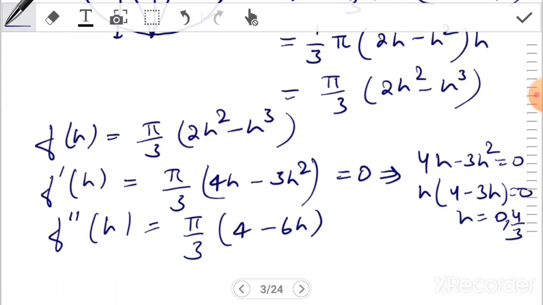Now check the value of f double dash h at h equal to 0. At h equal to 0, f double dash 0 is positive.